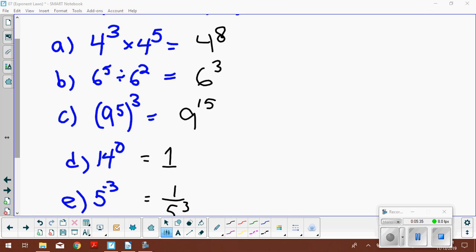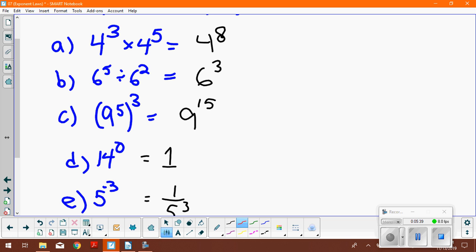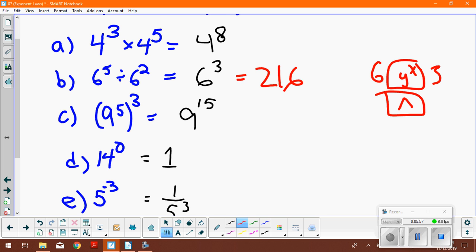If it had said evaluate, then you would just basically take the next step and run it through your calculator. So like, for example, for B, if I said evaluate, I'd now go, what's 6 to the power 3 on my calculator? And you probably have a button that might look something like this, or x to the y, or sometimes it looks like this, that is your power button. So you should get 216 when you do that.